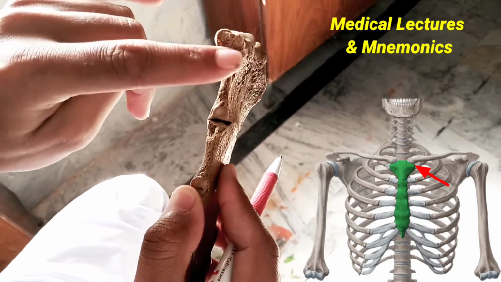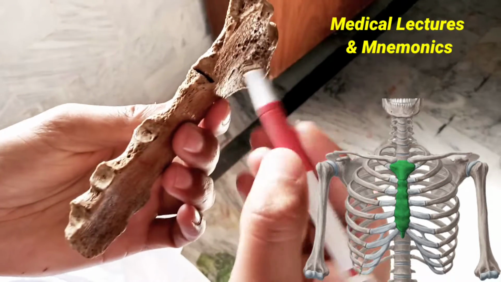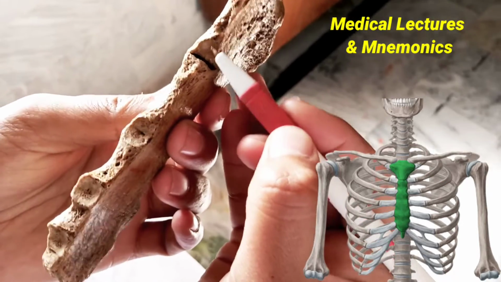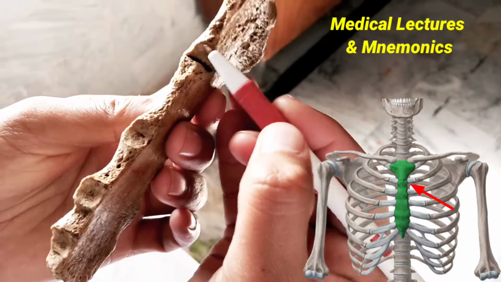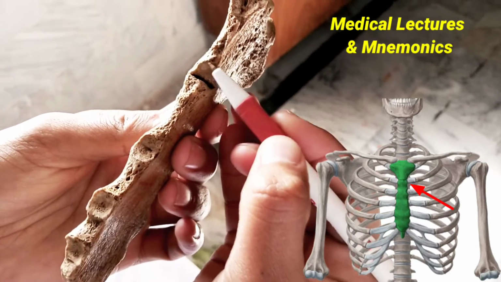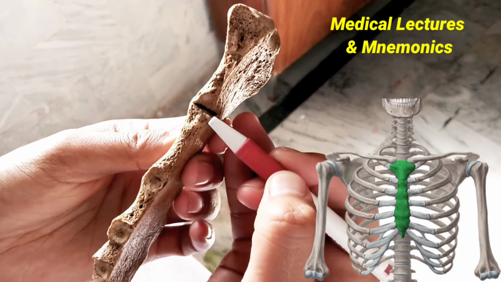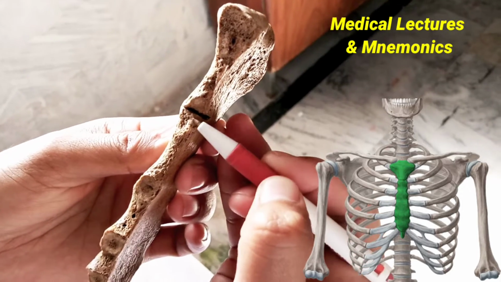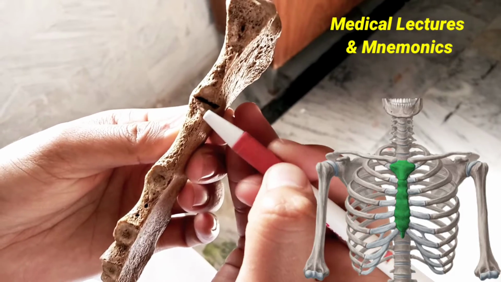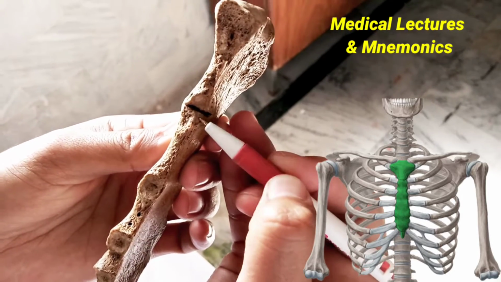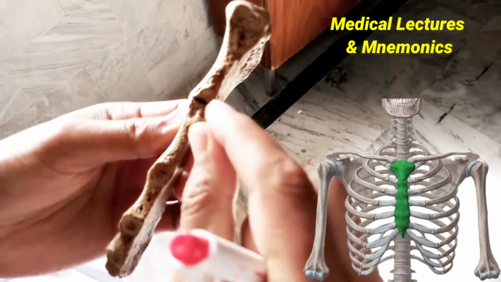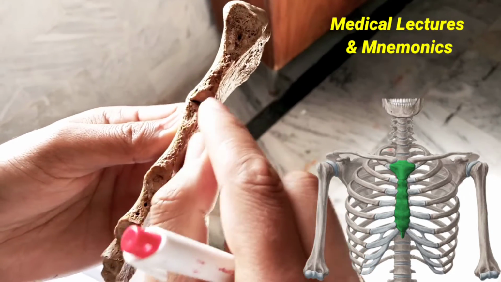And there is a facet called a demifacet for the second costal cartilage. There is a corresponding demifacet on the body of the sternum. Here you can see the second rib is articulated here.